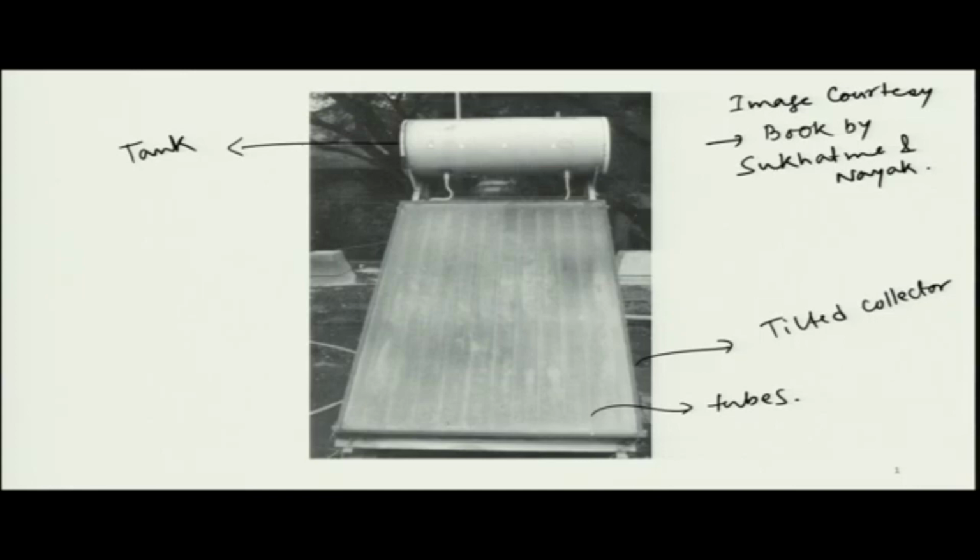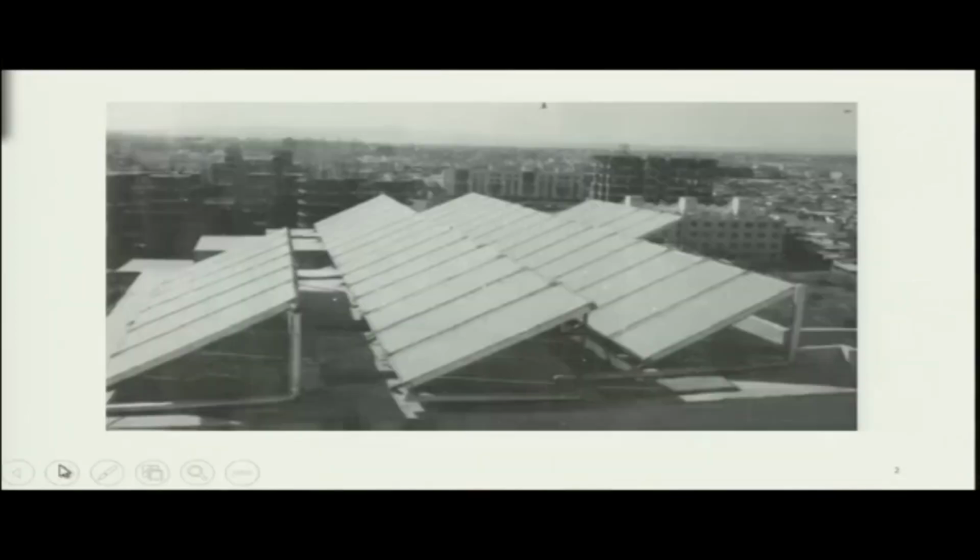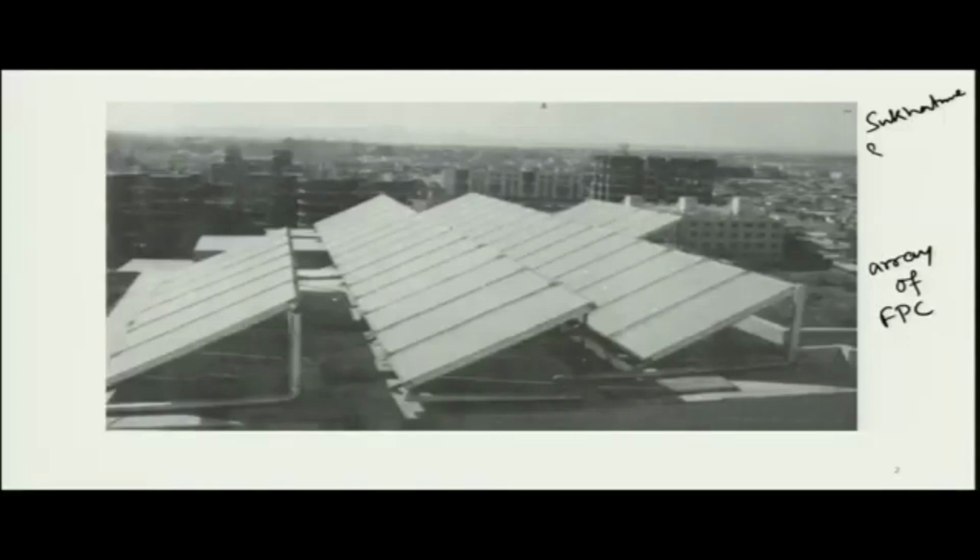Okay. And another thing is that you can have this array of flat plate collectors. When the temperature requirement is large, just one flat plate collector does not give you the required temperature rise. So what do you do? You put arrays of this collector, and all of them are connected through inlet and outlet manifolds, and then you have a tank outside of this array of collectors. Again, the image is from the Sukhatme and Nayak book.